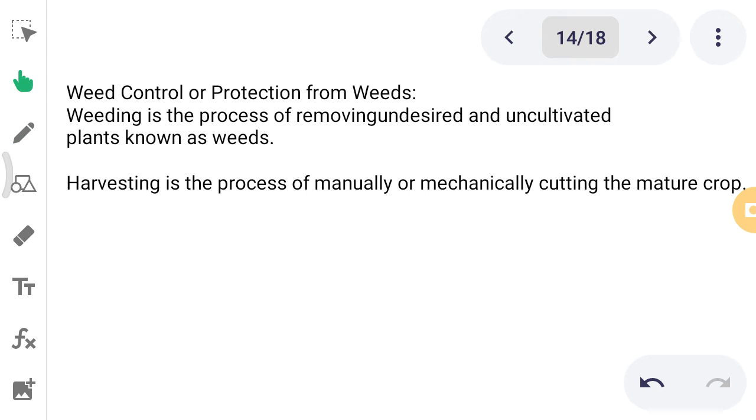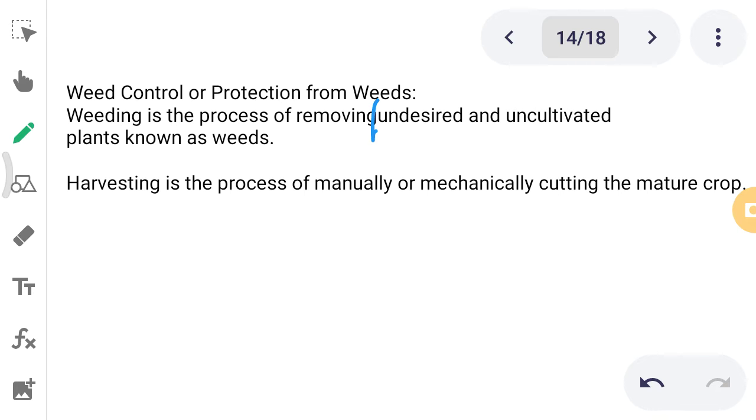Now let us see about the weed control. Weed control or protection from weeds. Weeding is the process of removing undesired and uncultivated plants known as weeds.